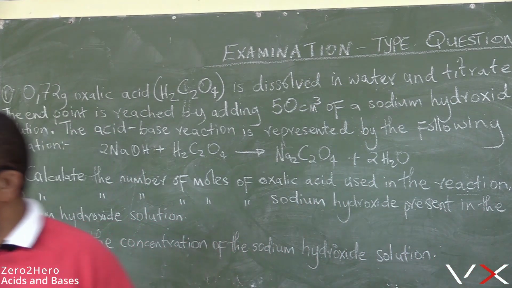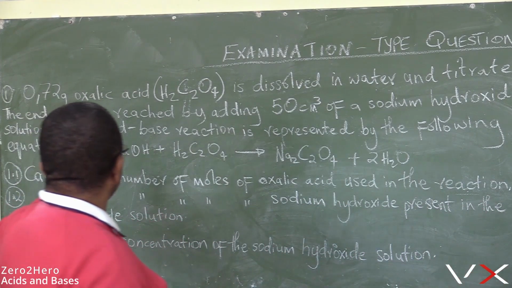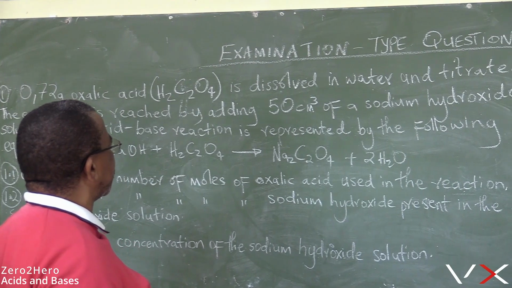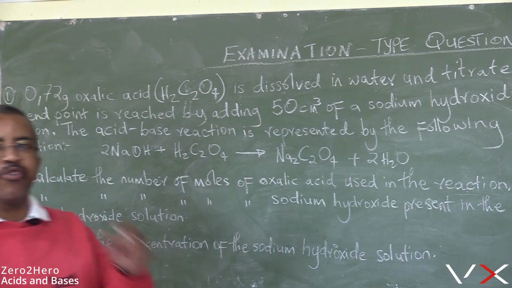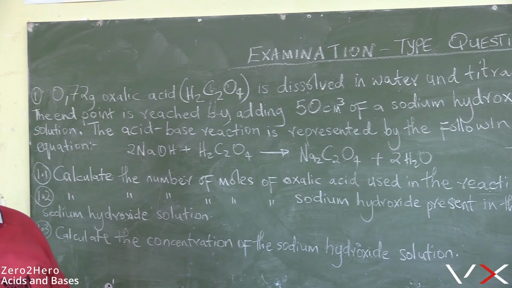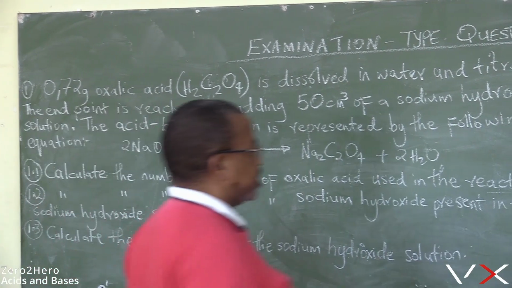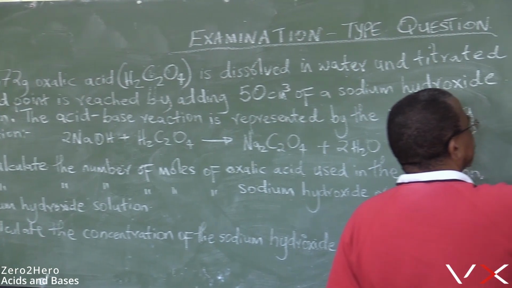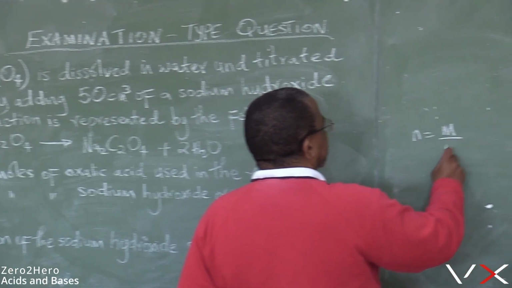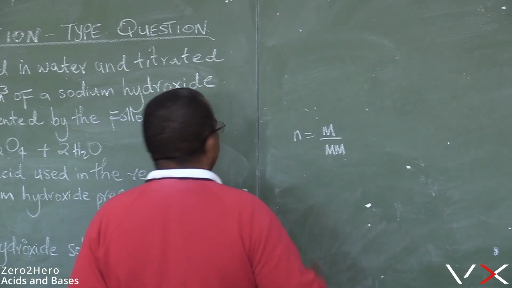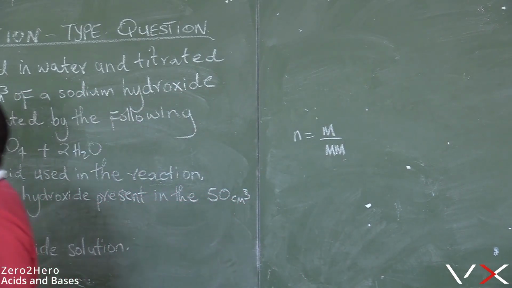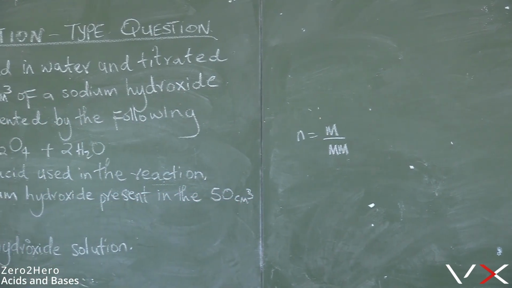Aye, asikafiki lapho. So but calculate the number of moles of oxalic acid used in the reaction. What do we know? Sifuna number of moles. Number of moles, we know it is mass over molar mass.